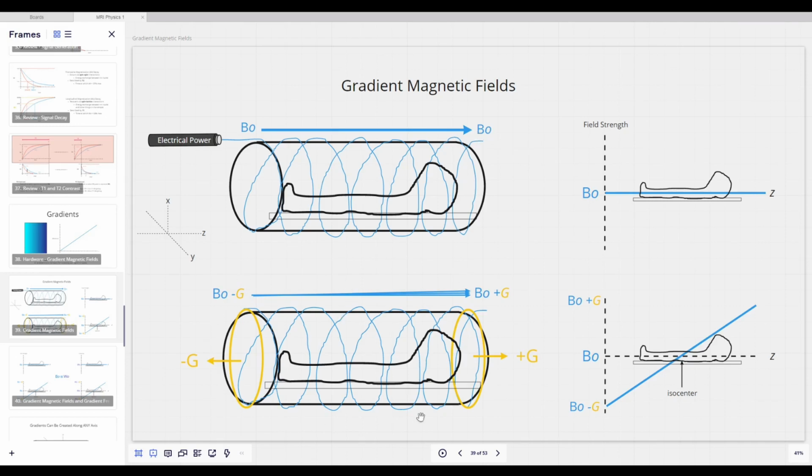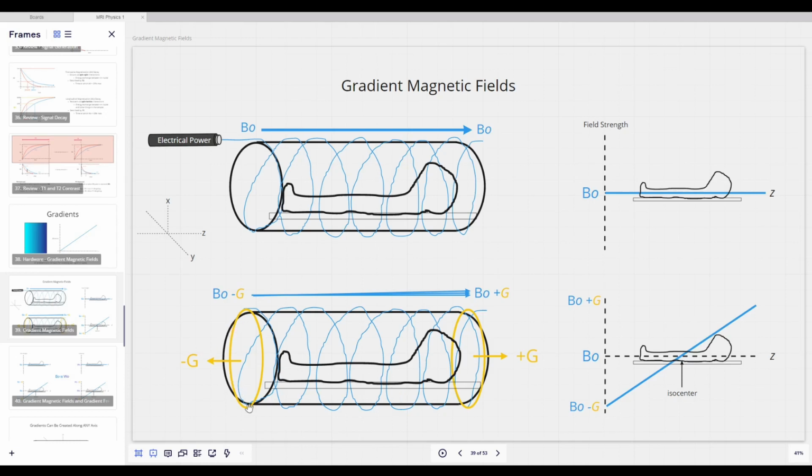And if we were to graph what's going on here with our net magnetic field being graphed on the side here, as we move in the longitudinal plane from the patient's feet to the patient's head, what's happening is that down by the feet, our net magnetic field strength is actually down here. It's lower. And up by the head, it's higher. Okay.